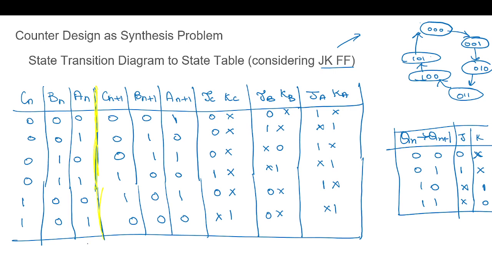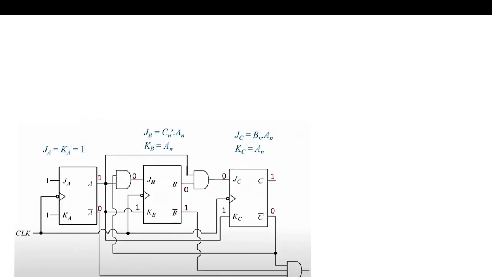Now we have to simplify this. Bn, An. So initially we were analyzing the circuits, this circuit from waveform and both tabular method and saw what is the mode, everything.